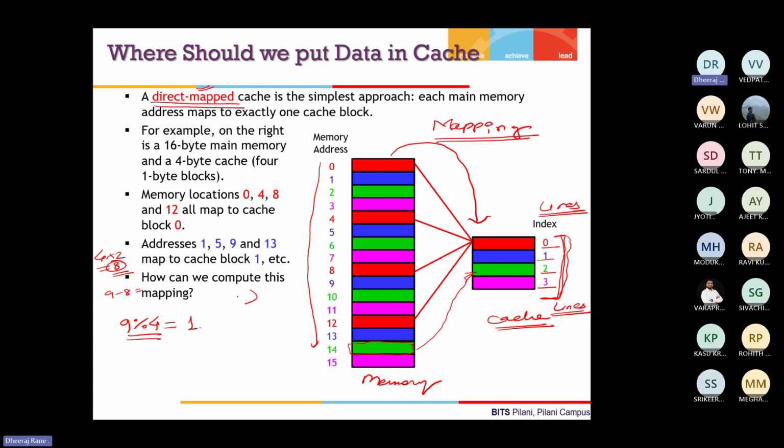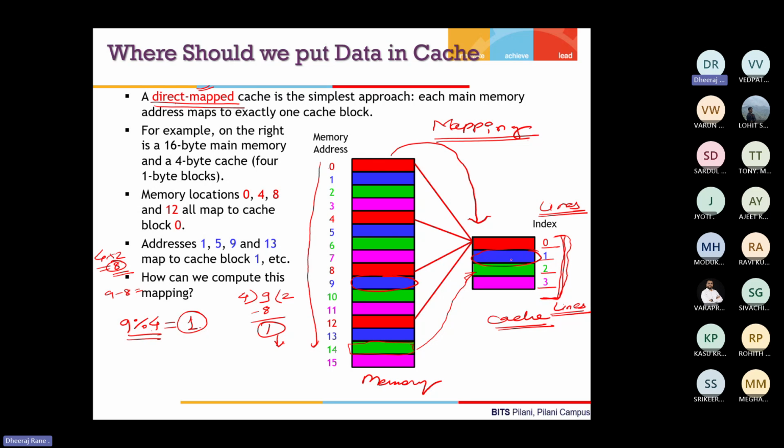So this is the traditional method that we usually do. If I subtract 8 from 9, this ultimately is the result of the modulus operator. It is 1. So whenever 9 is to be put into the cache, it will be brought into index 1.